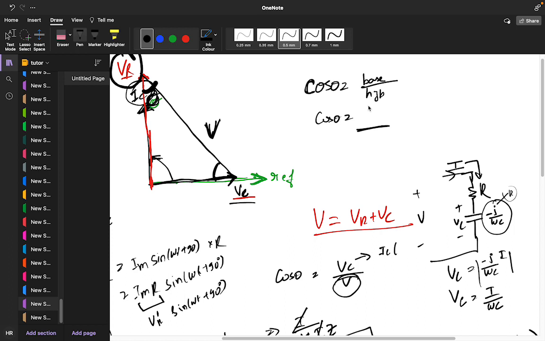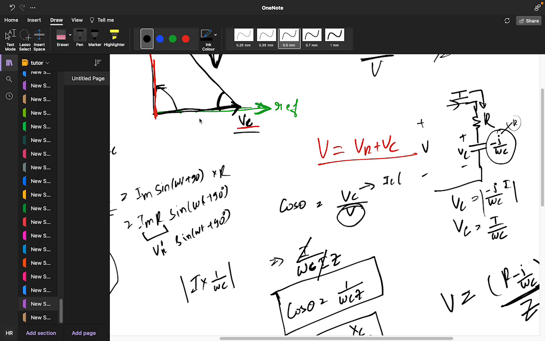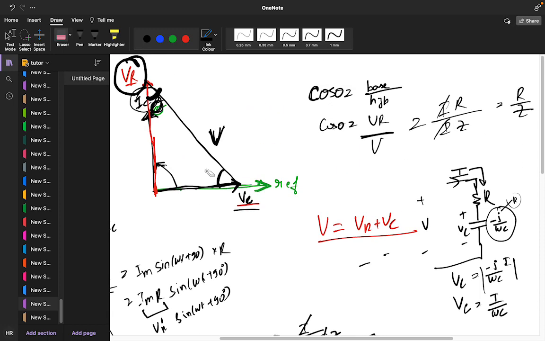So now what will be the cos theta? Cos theta will be VR by V, and VR is nothing but I into R, and V is nothing but I into Z. So you will get cos theta is R by Z. It won't be VC by V. If you had written that, please correct it, because I had assumed theta here. You have to assume theta with respect to R only.